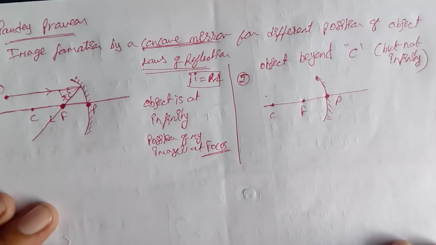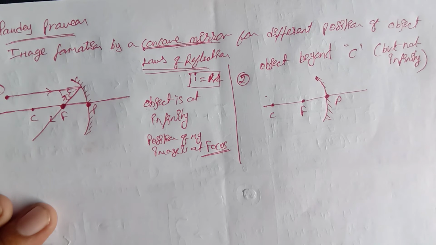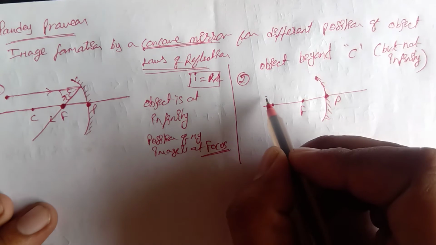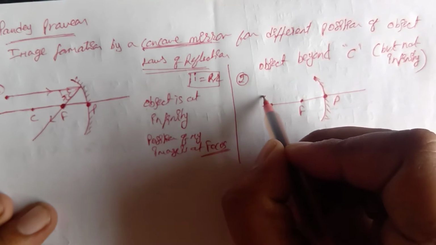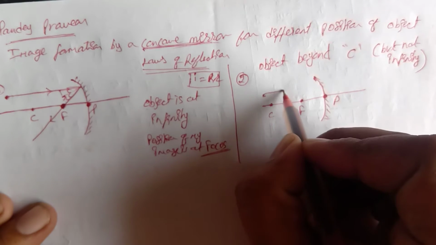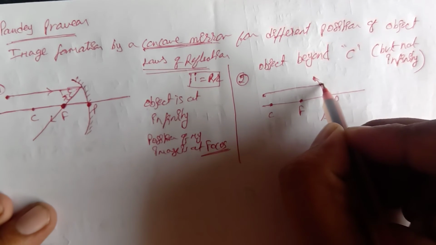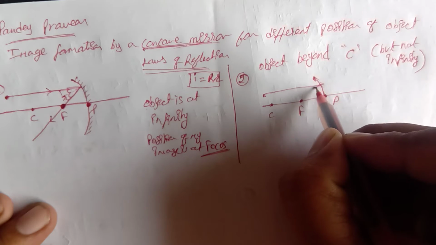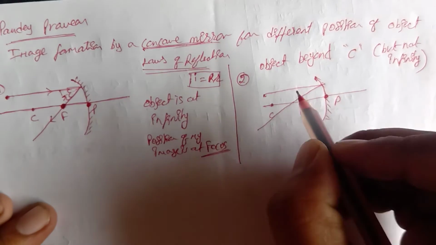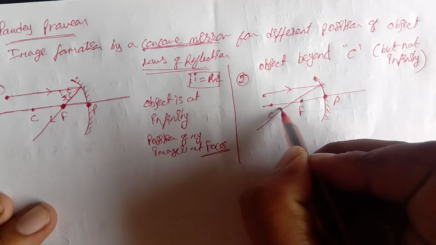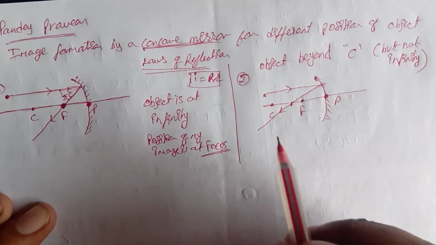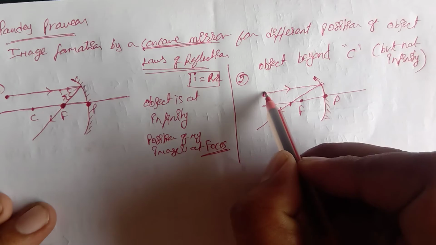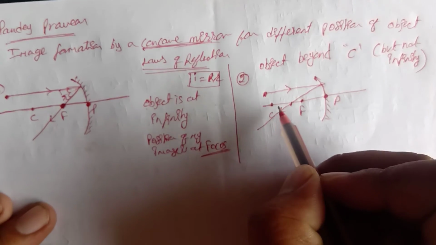So when my object is beyond C, it doesn't mean that it's at infinity, it's just beyond C. Then obviously my image would be between F and C, somewhere here.